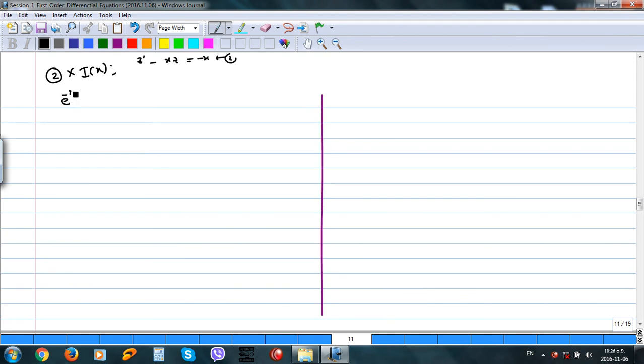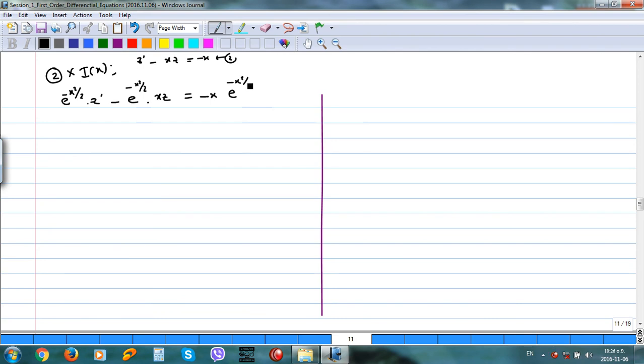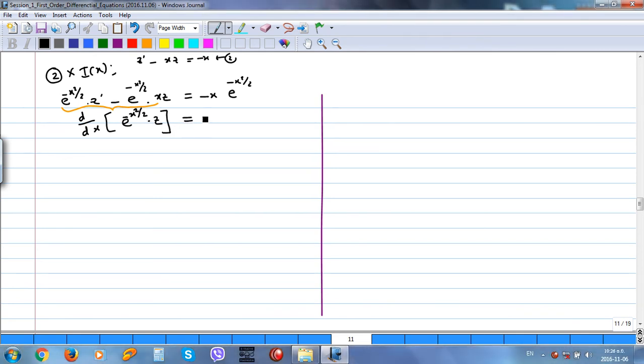e to the power minus x squared over 2 times z dash minus e to the power minus x squared over 2 times xz equals minus x times e to the power minus x squared over 2. So you know that if it is in that form, we can write directly d over dx of e to the power minus x squared over 2 times z, right?